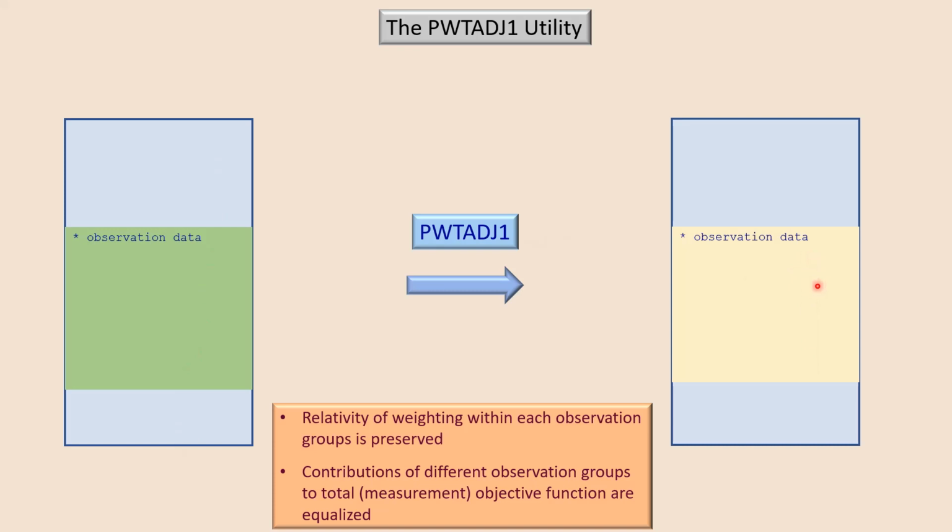Relativity of weighting within observation group stays the same, but the weights between groups are adjusted so that each group makes roughly the same contribution to the initial objective function at the beginning of the inversion process as every other observation group. Thus, the information contained within each group is visible to the objective function and can flow through to the estimation of parameters.